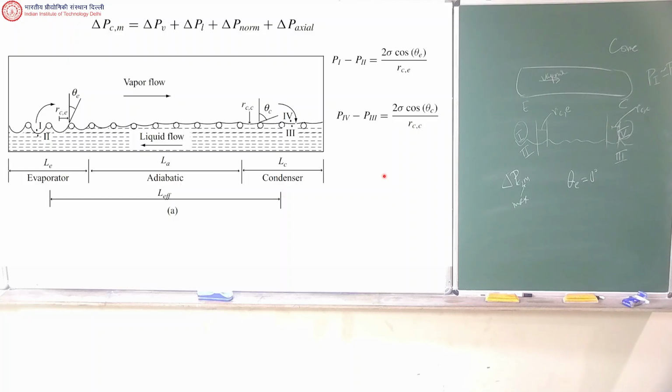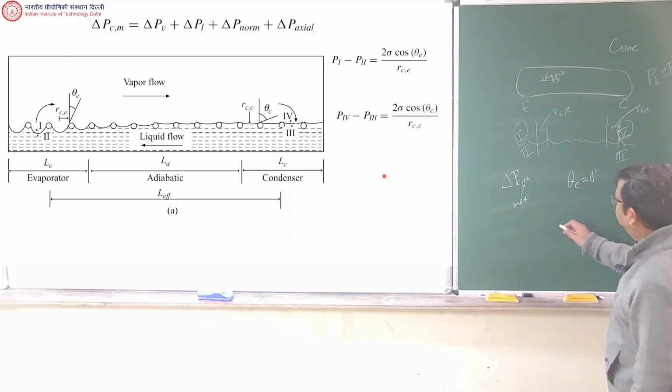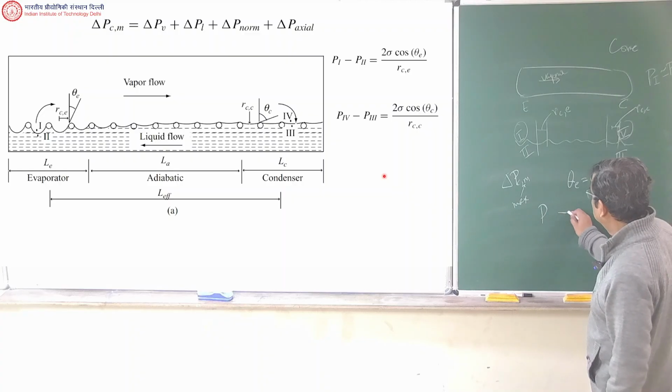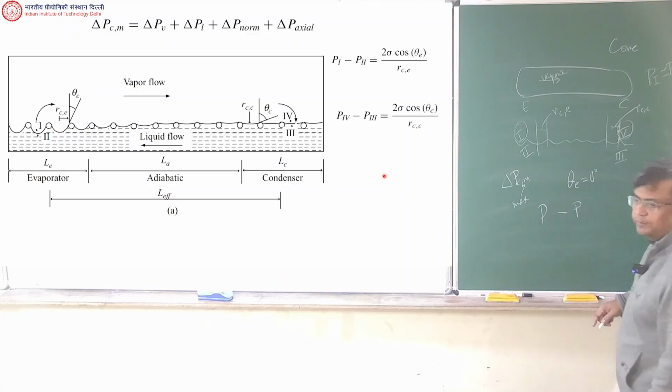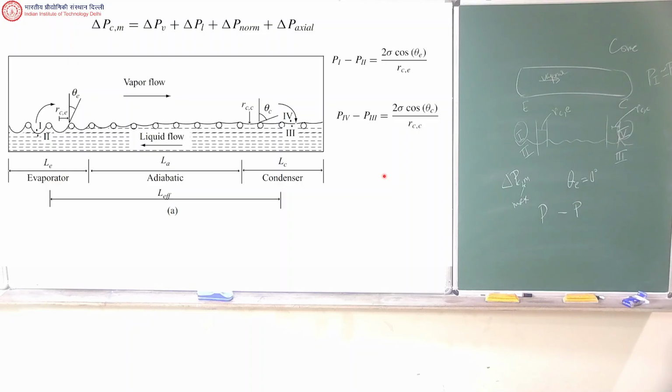Okay. Right, so we want the liquid flow, right? A good amount of liquid flow. That's what we're trying to generate. What are the two P's? Which difference are we interested in?